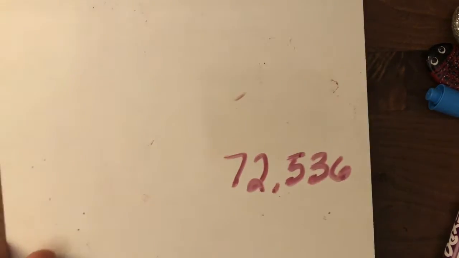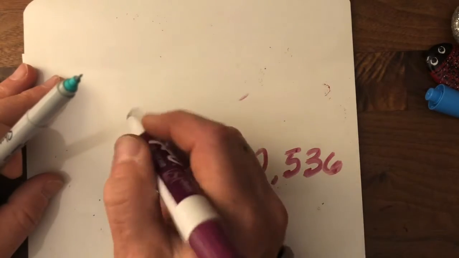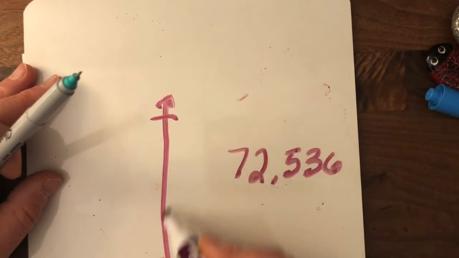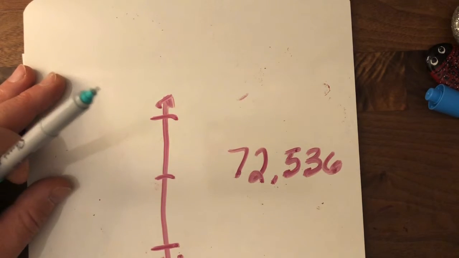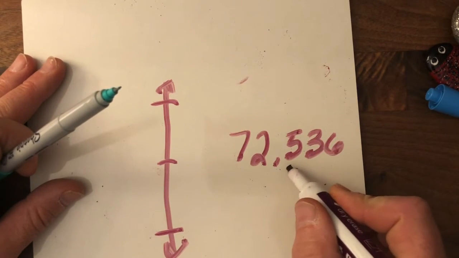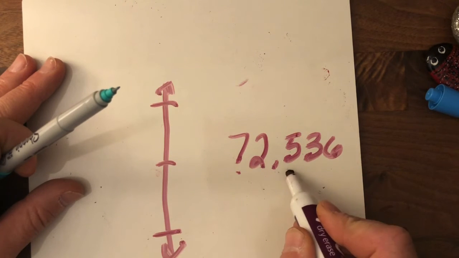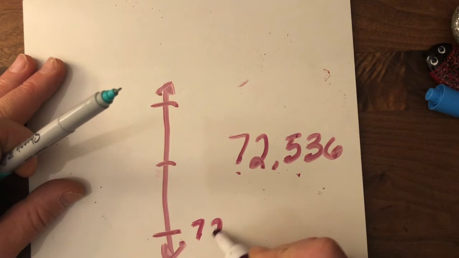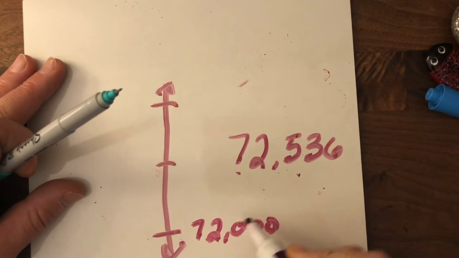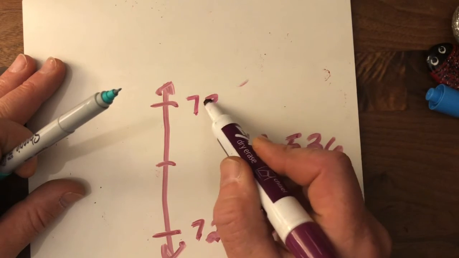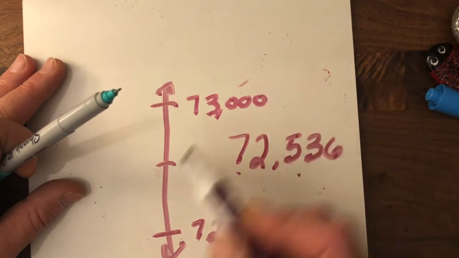So here's my whiteboard. Here's my number line, okay? Number line, arrow, arrow, top 1,000, lower 1,000, midpoint. I know my thousands ends in 3 zeros, so I'm going to do 72,000. That's my low number, always the same. One more 1,000 higher, I just add 1 to the thousands place. 73,000, just like that.